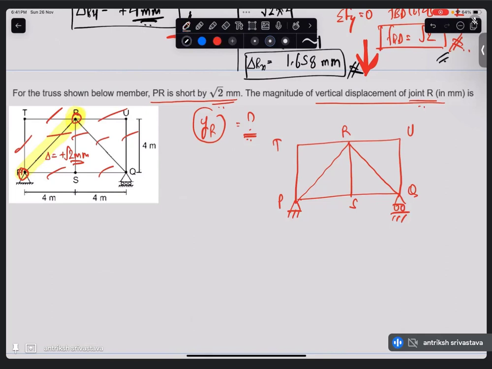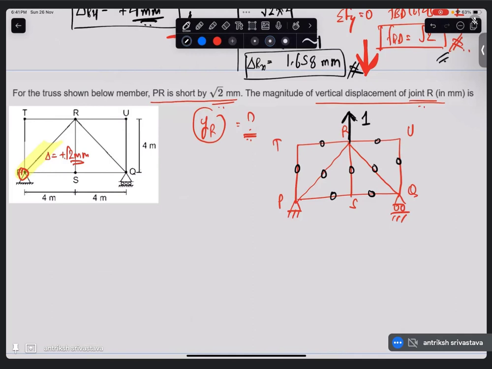Okay, one more major hint that they have given to us, that you may not realize in the exam because of tension, is that all the other members are fine. So when you are applying a unit load, as you should, let's say I apply a 1 unit load in this upward direction, you don't have to find the stresses developed in all these members.